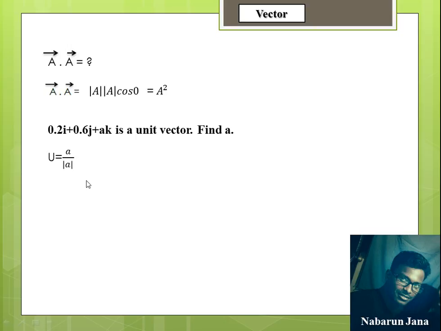That means a unit vector has modulus as unity, a magnitude of 1. So if this is the unit vector, the modulus of this vector should be 1. Yes, this should be 1. So from here you can calculate a.